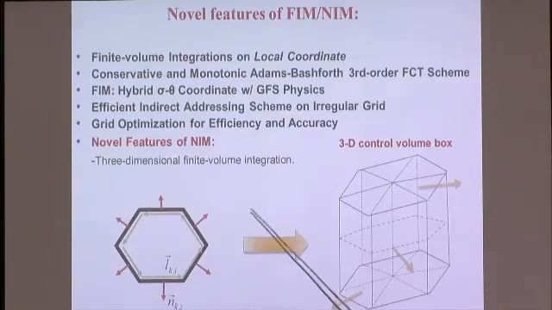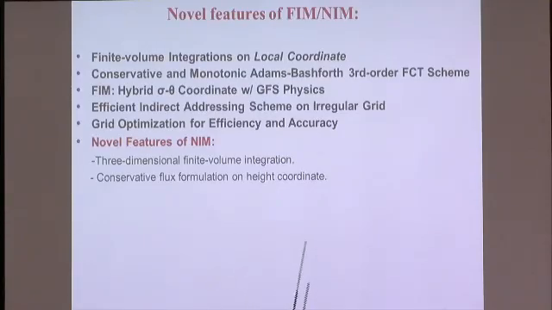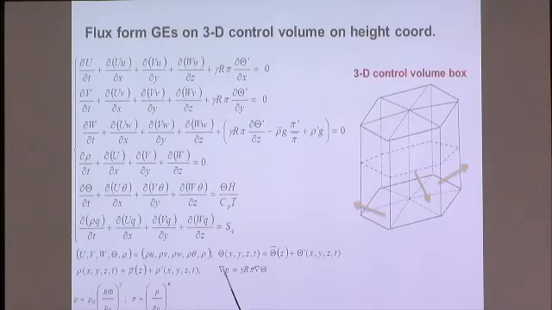Okay, now let's talk about NIM. In the NIM, we extend the FIM 2D finite volume line integration into a three-dimensional volume integration. So basically, in each model grid box, let me go to this governing equation. We use the conservative form formulation.